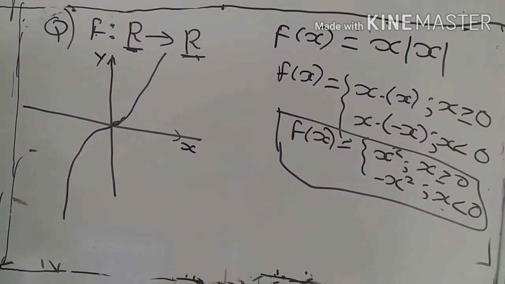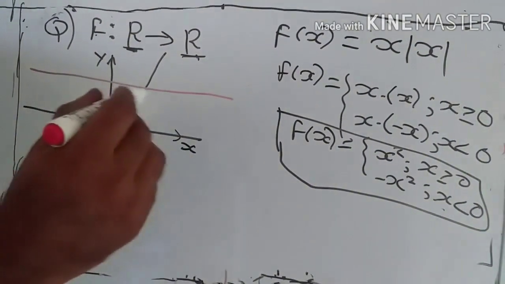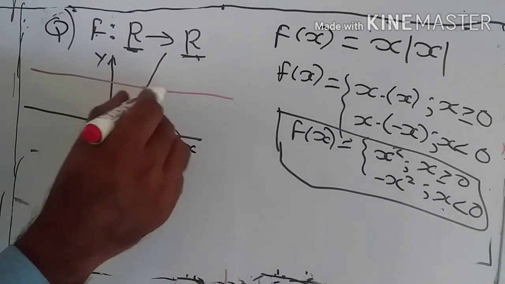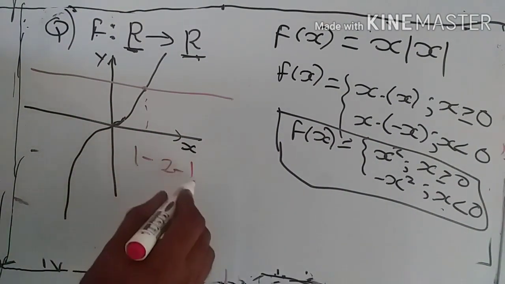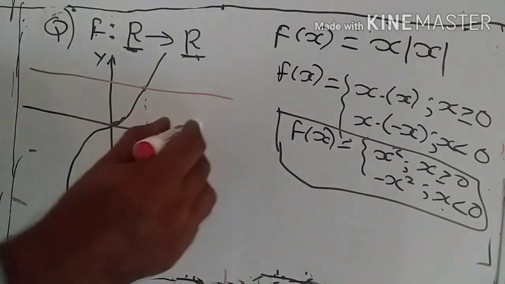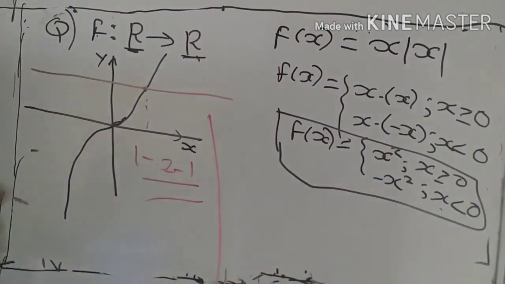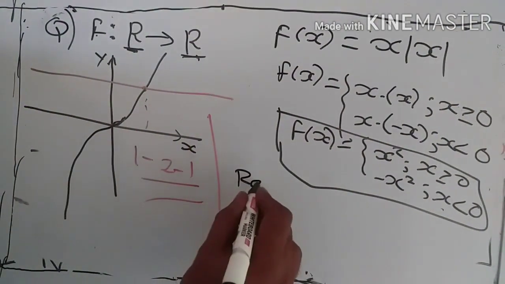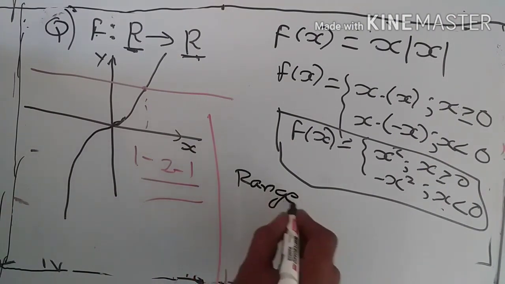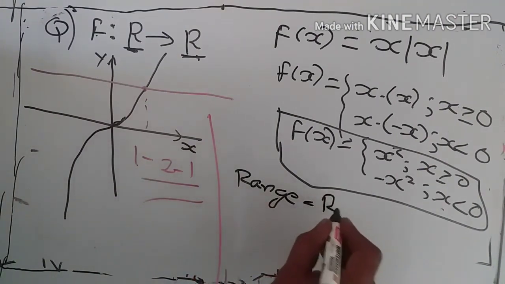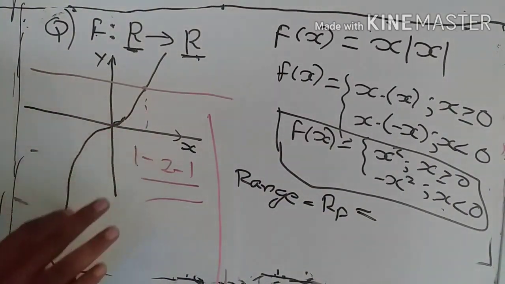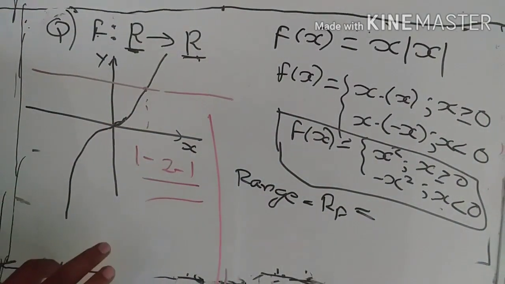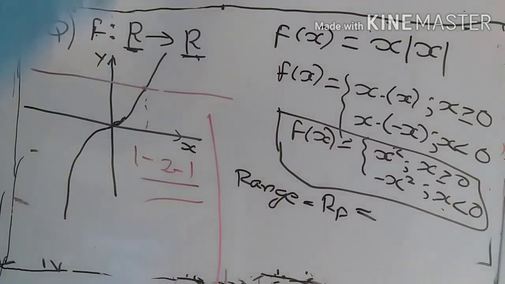Now draw a line parallel to the x-axis. This line cuts the graph at only one point, so the function is one to one. Now to check the range: the range is minus infinity to 0 together with 0 to infinity, so the range is from minus infinity to infinity.